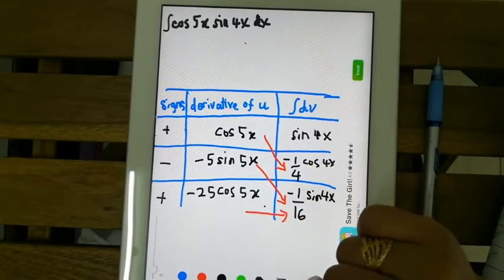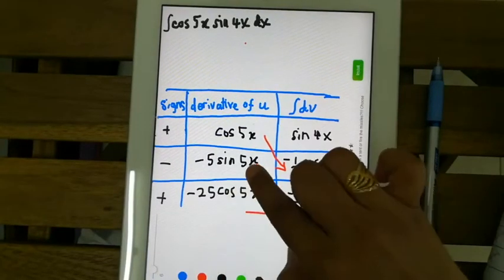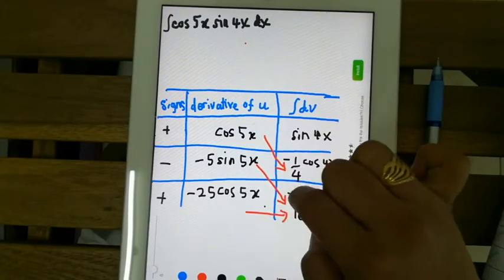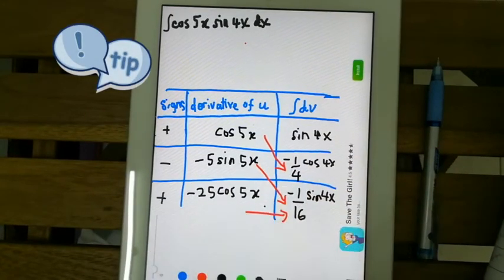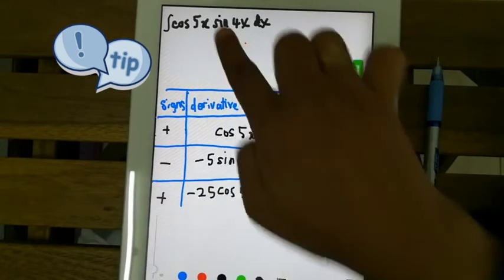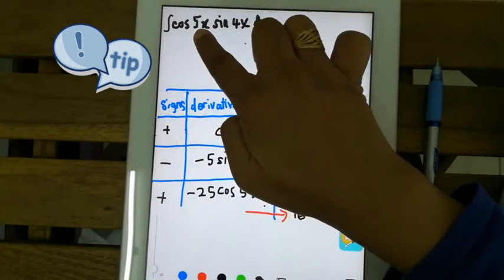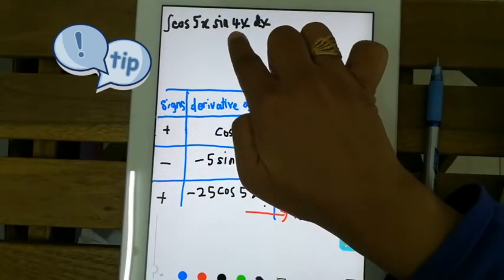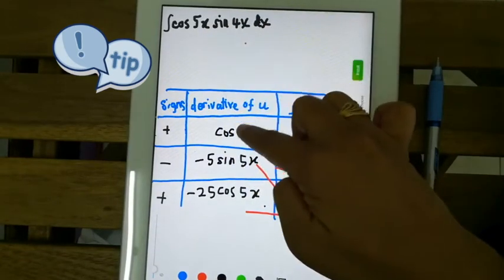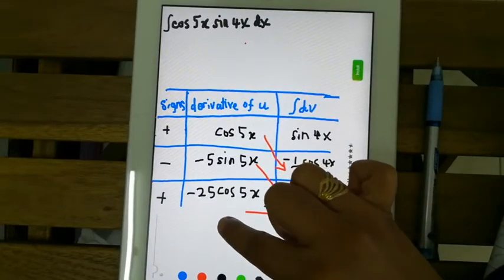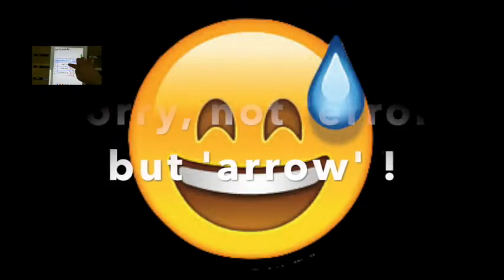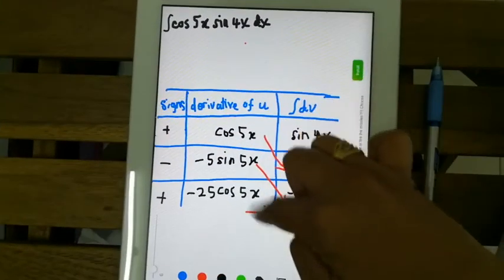Okay, is that clear? So the integration process will follow and stop where the differentiation of u is stopped as well. Now this one, the arrow directions are a little bit different from the previous example. In the previous example, we had an algebraic expression times a trigonometry function, so we had to differentiate until 0 for the algebraic expression, and the arrows just multiply like this until the end.